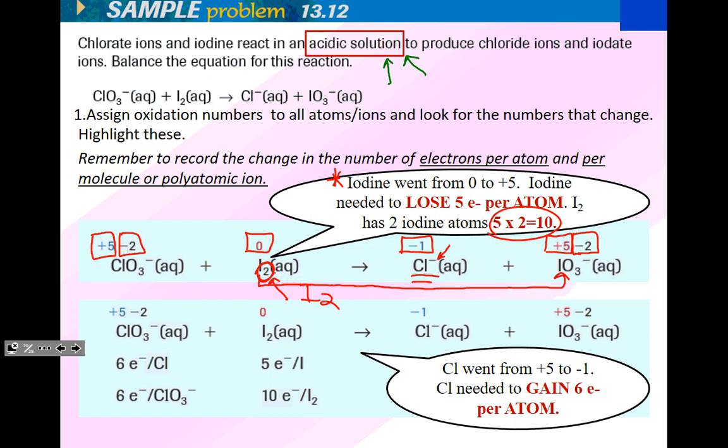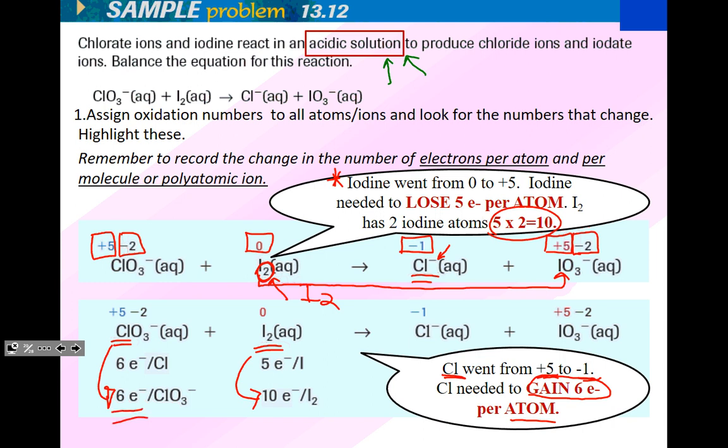Okay, so the chlorine went from +5 to -1. It needed to gain 6 electrons per atom. Okay, now notice here there's only 1 chlorine, so obviously there's only 6. Remember iodine, there's 2, so we have to multiply the 5 times 2, and that gets you 10 electrons.